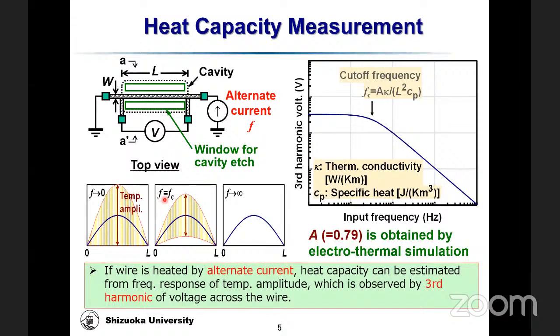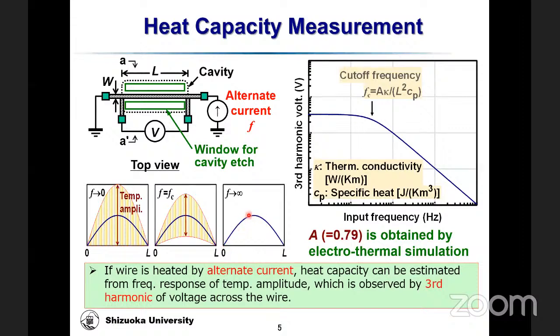For example, at the cutoff frequency, the amplitude becomes 70% of the original amplitude. As the frequency becomes higher than the cutoff frequency, there is almost no temperature fluctuation.